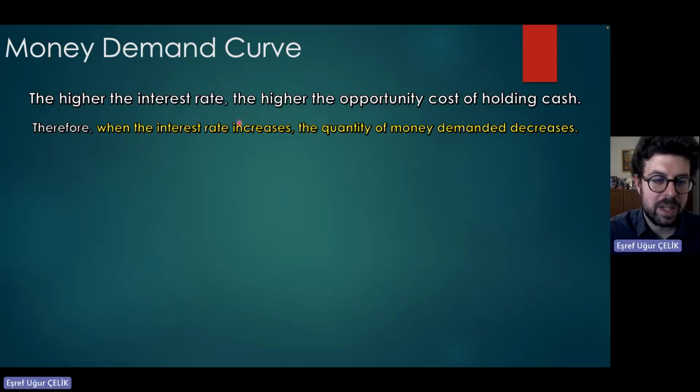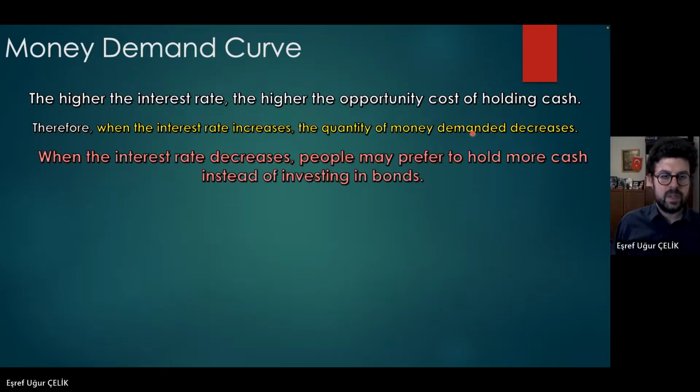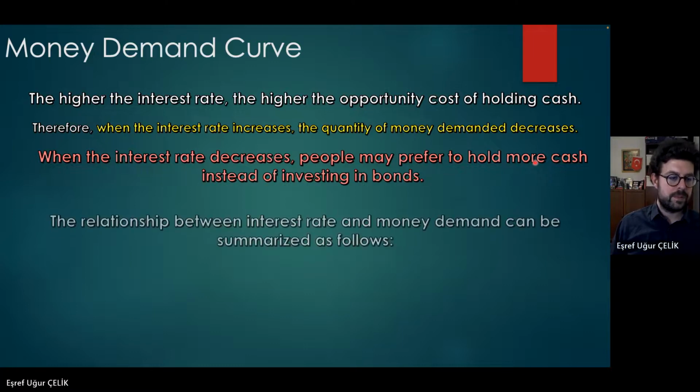So you can see over here the negative relationship. When the interest rate becomes higher, the quantity of money demanded decreases. And vice versa. When the interest rate becomes lower, at that time people may prefer to hold more cash instead of investing in bonds.